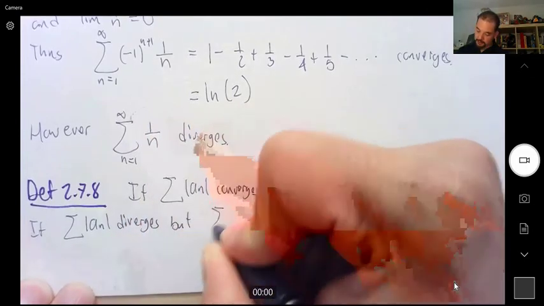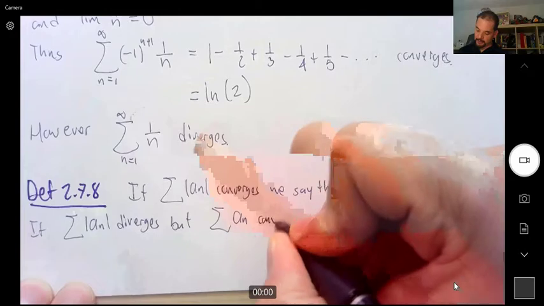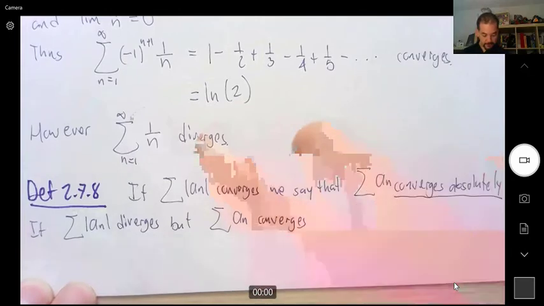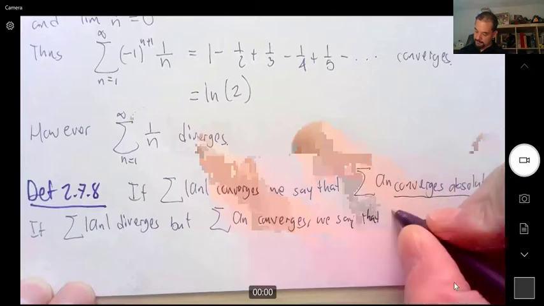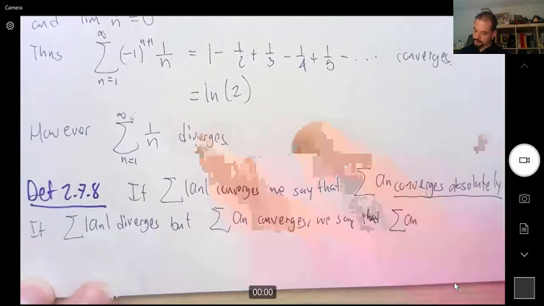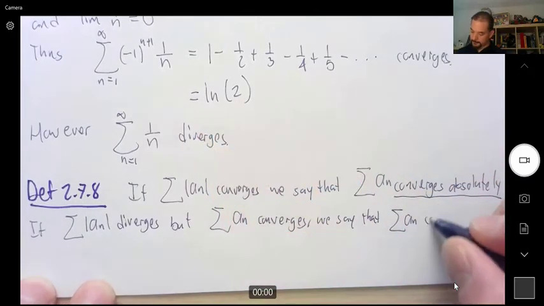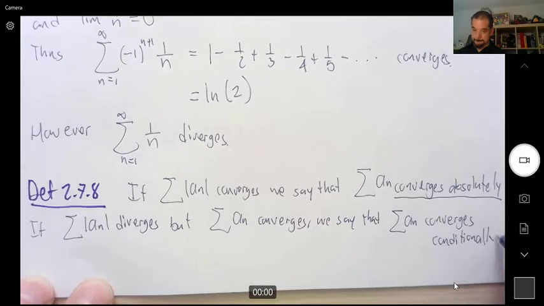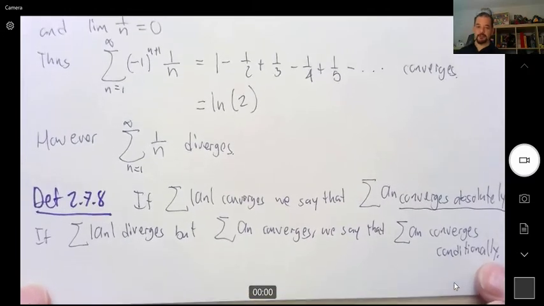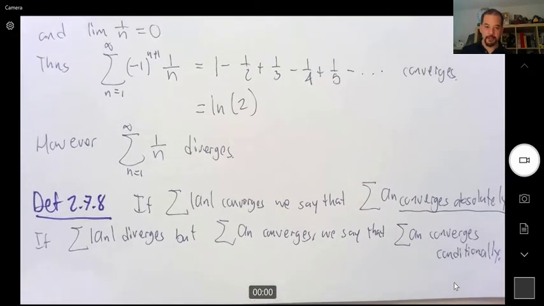but the one without absolute value converges, we say that the one without absolute values converges conditionally. Right, and you know these terms. We see them in our 150B class.